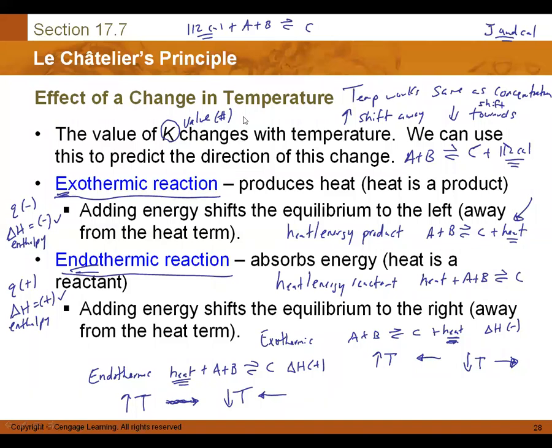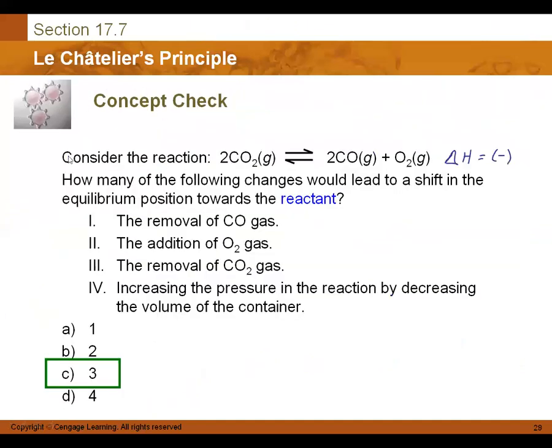All right, so we're just going to use the next example and do a lot of the stuff that we've been talking about, so you can maybe figure out what's going to happen with the equilibrium here. So let's take a look. Let's say that we added O2.